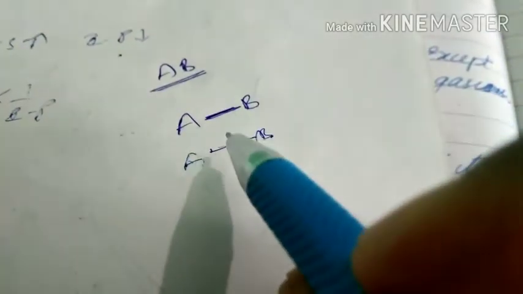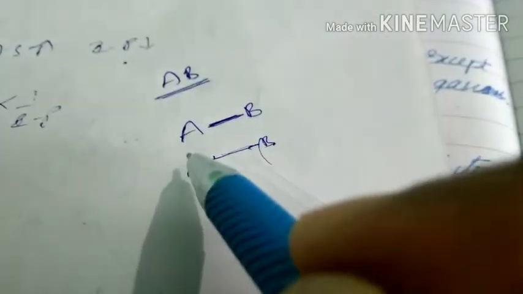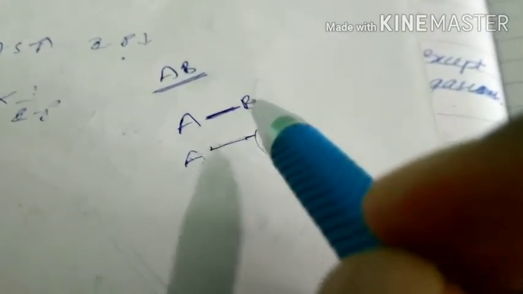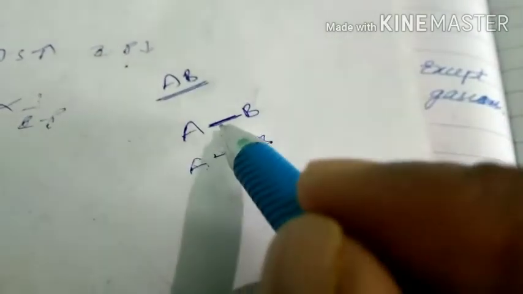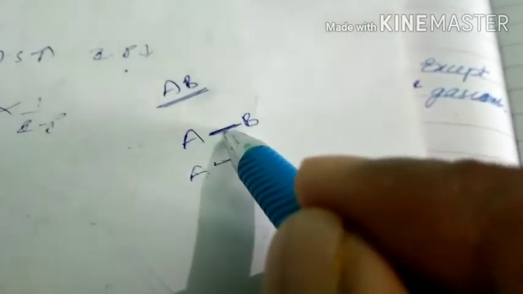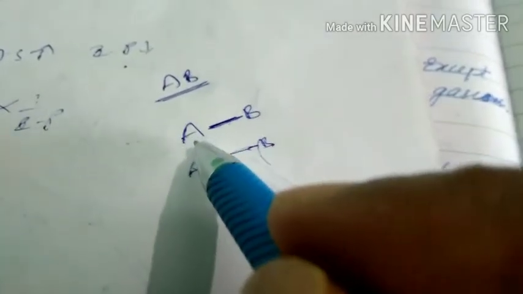So what is the point here? If A is having more electronegativity compared to B, then what happens? These 2 electrons, that means these paired electrons, move towards A atom because A is having more electronegativity.